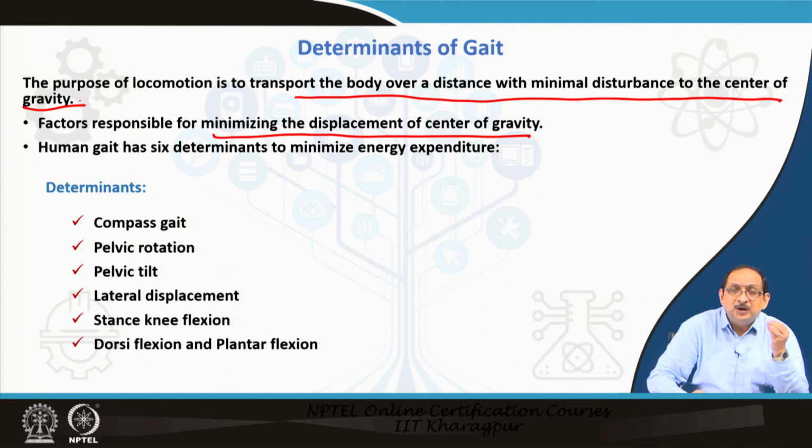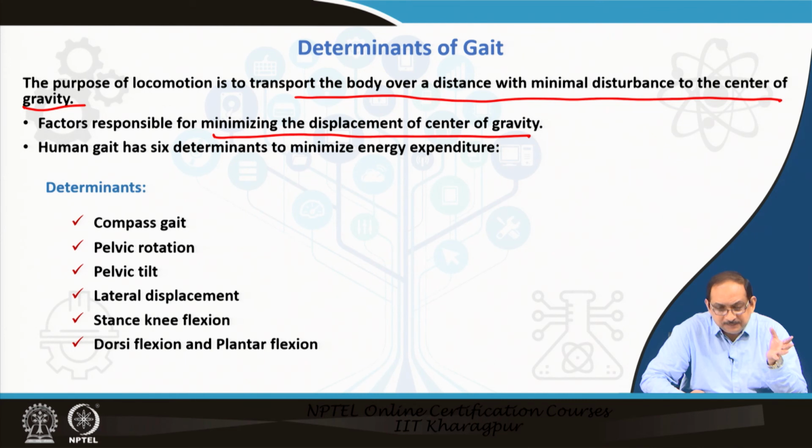So, we want to minimally disturb the center of gravity. The purpose of locomotion is to transport the body over a distance with minimal disturbance to the center of gravity.